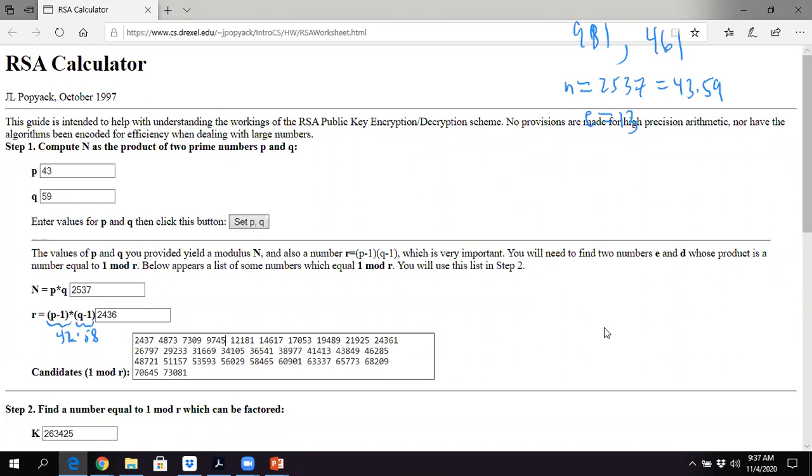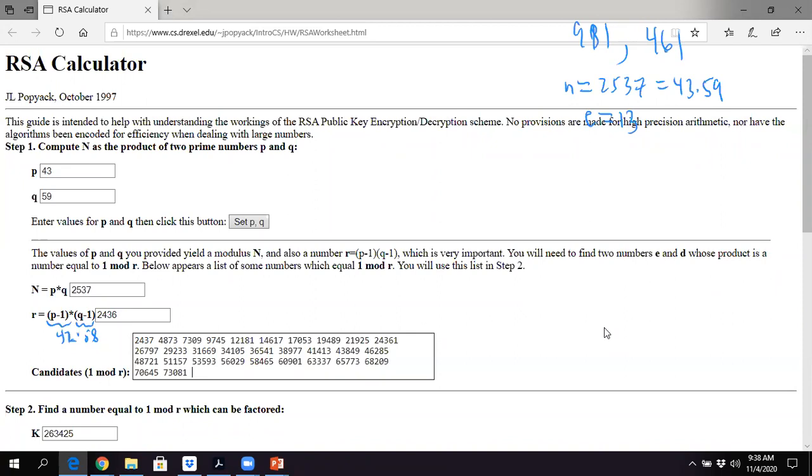See this list of numbers that's right here? Take a few minutes on your calculator and find one of these that is actually divisible by 13. We're hackers right now. We need to find a private key.